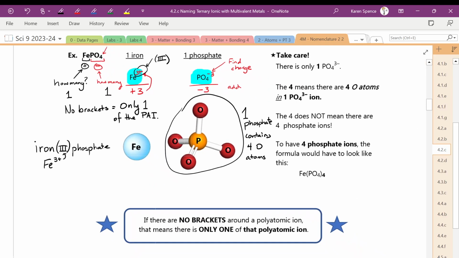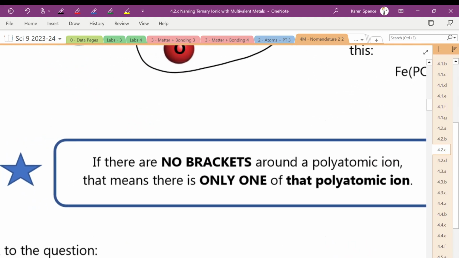Okay. And once again, I've just written here, if there are no brackets, just a reminder, what's true if there are no brackets? There's only one what? Polyatomic ion. Okay. Only one polyatomic ion.